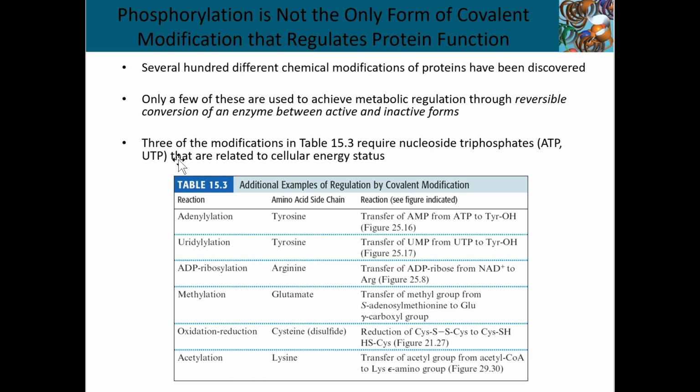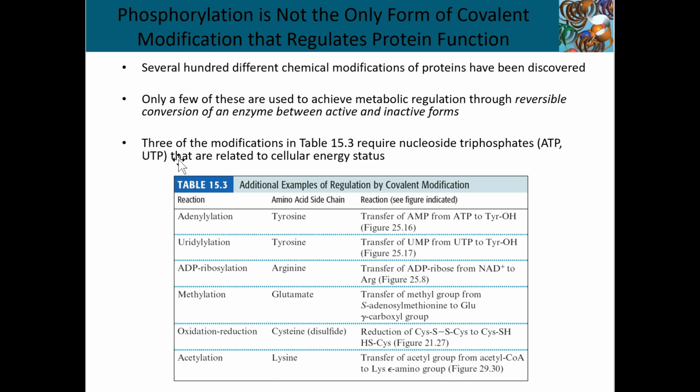So, phosphorylation is not the only form of covalent modification. There's a variety of other common, but not as common as phosphorylation, modifications that can take place covalently to change the way a protein is functioning.